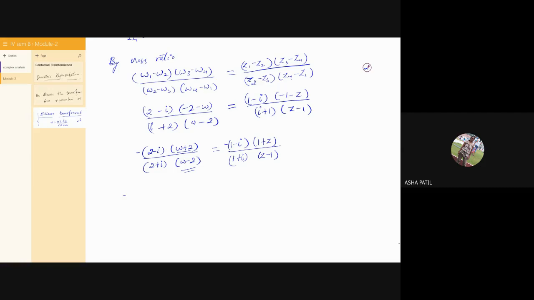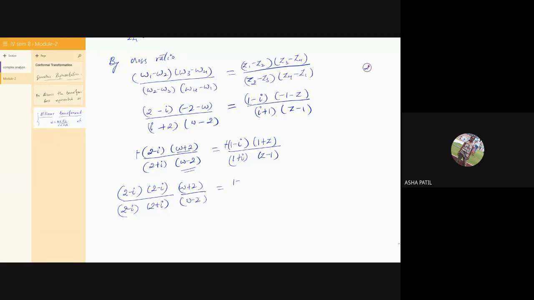So let us multiply. Minus cancels from both sides, LHS and RHS. Let us multiply by the conjugate. It is (2 minus i) into (2 minus i) divided by (2 minus i) into (2 plus i), times (W plus 2) divided by (W minus 2).